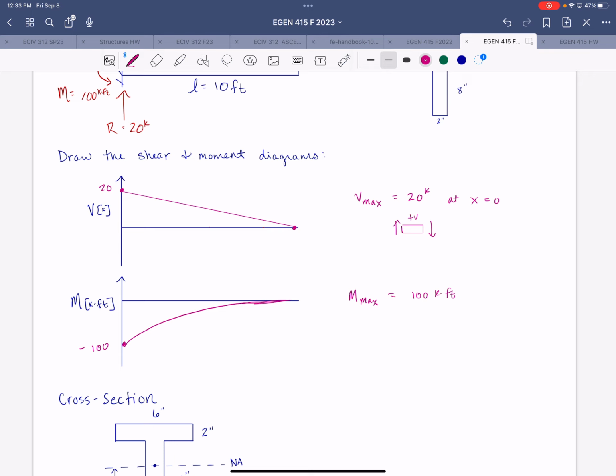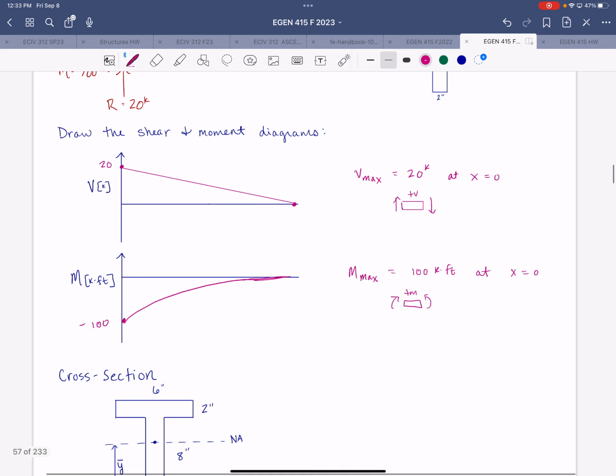Of course, this is a very simple example, but if you have more load at play, definitely want to draw shear and moment diagrams to confirm those values. And then for positive moment, our sign convention is as shown below: the configuration that would cause the beam segment to smile.